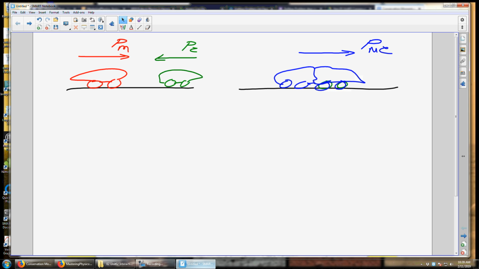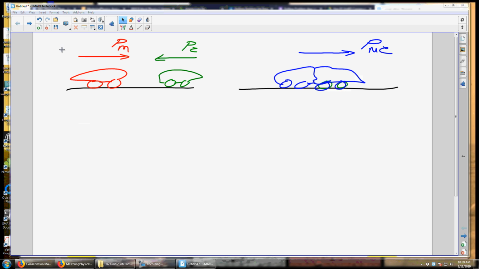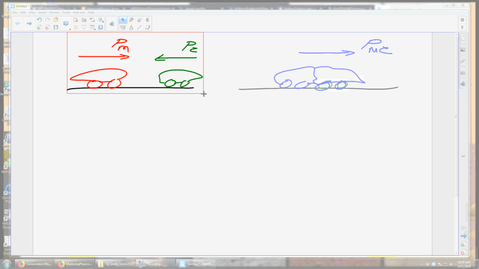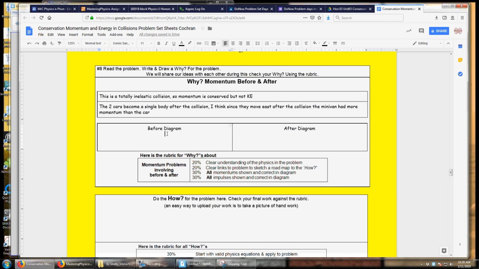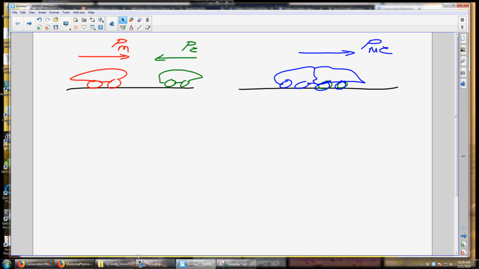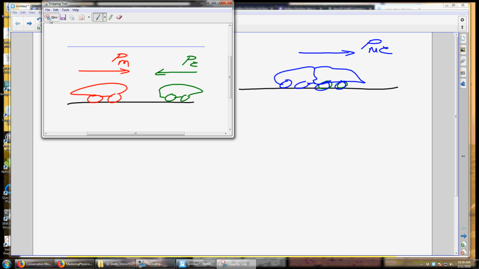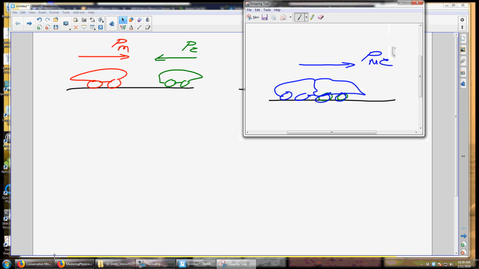My minivan is a little weird, but... Alright, let me grab those and throw them in my documents. That's before. That's after.